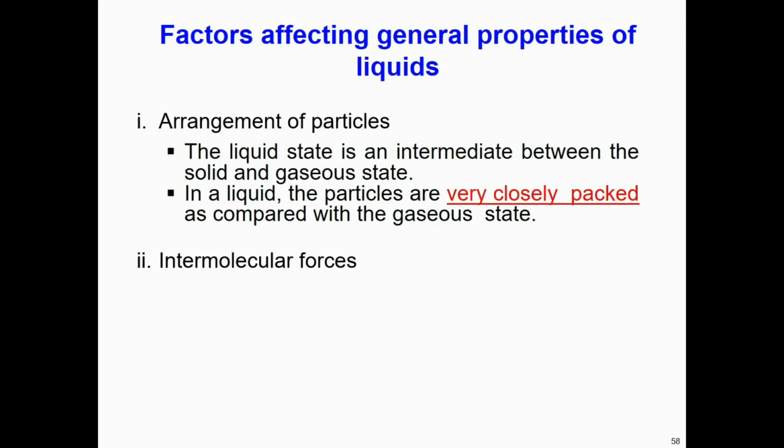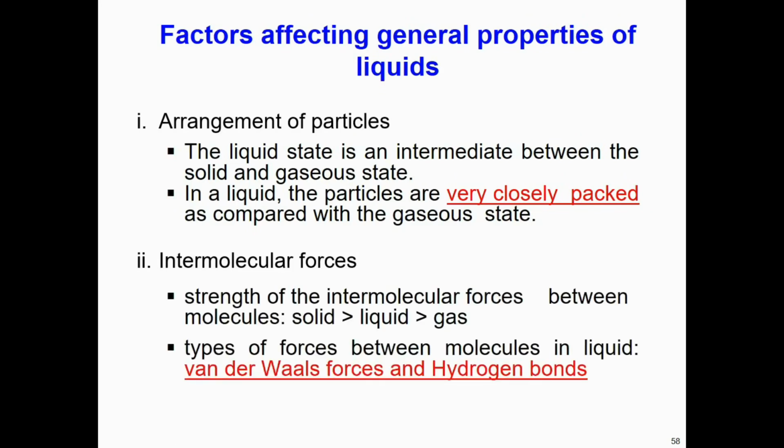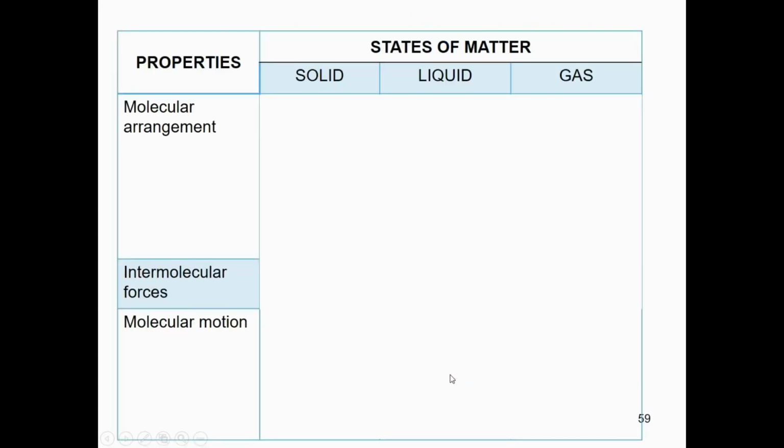In a liquid, the particles are very closely packed as compared to the gaseous state, while the intermolecular force is the strength of the intermolecular forces between molecules. The intermolecular force for solid is stronger compared to liquid, and the intermolecular force for liquid is stronger than gas. The types of forces between molecules in liquids are van der Waals forces and hydrogen bonds.